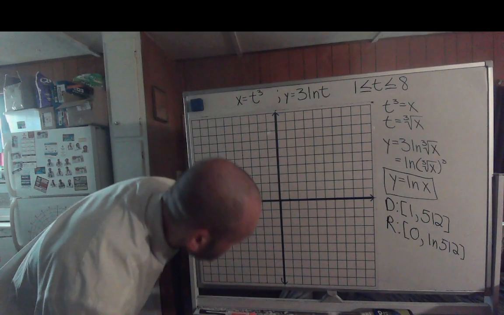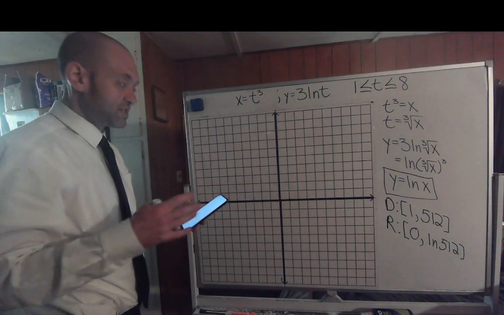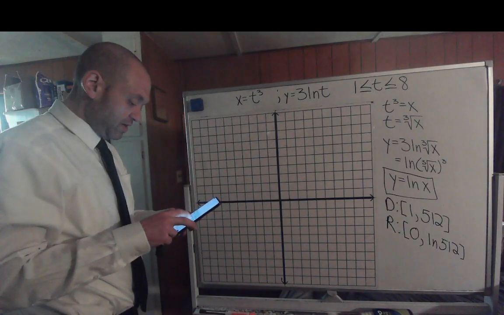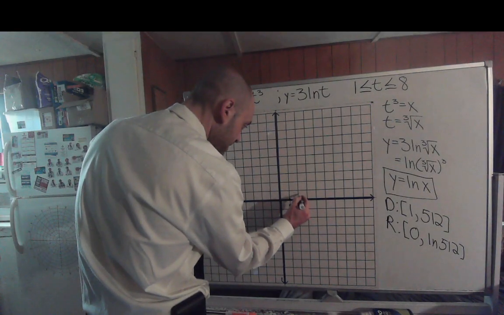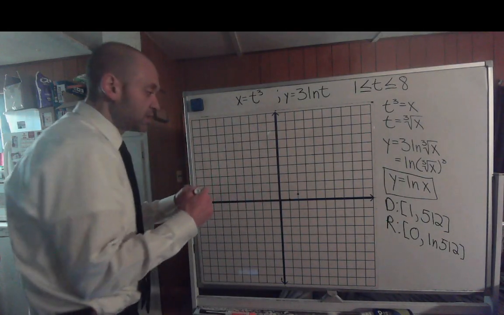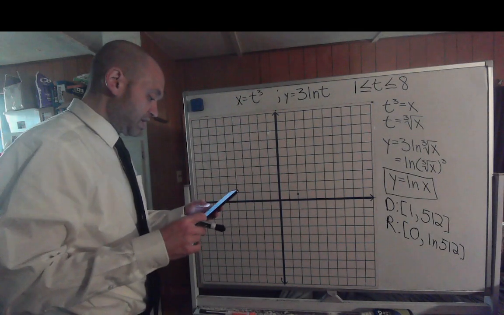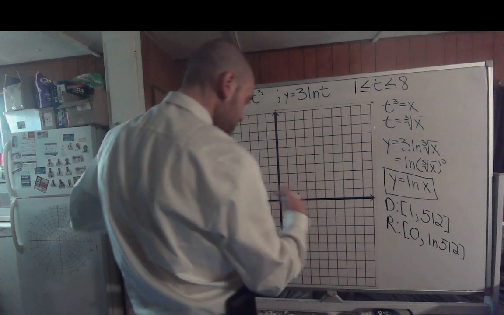But let's pick a few values at least to graph this logarithm to make it nice. So natural log of 2 is about 0.69. That's about right there when x is 2. Let's go to 4. I'll take the natural log of 4. 1.39. So 4, 1.39.